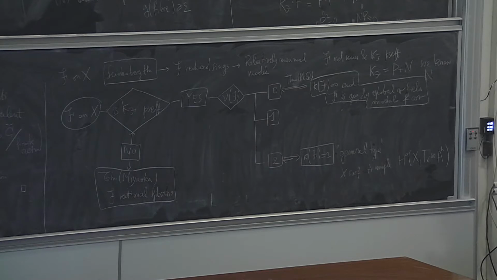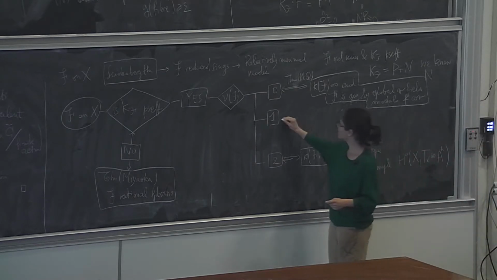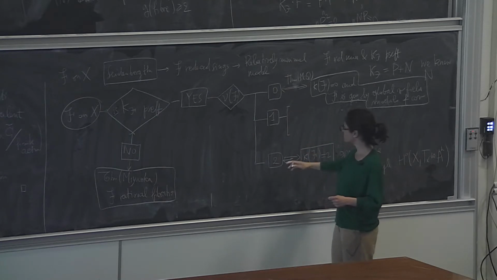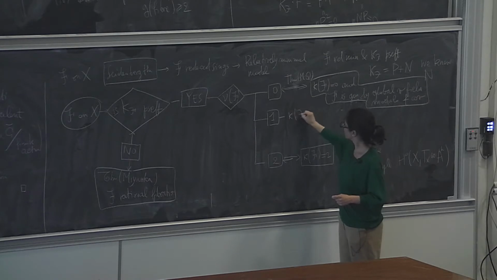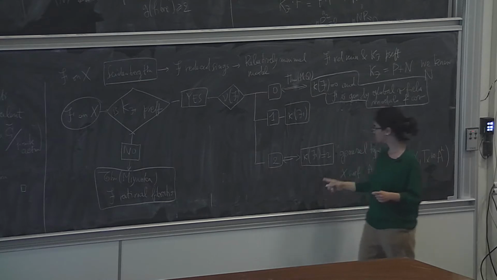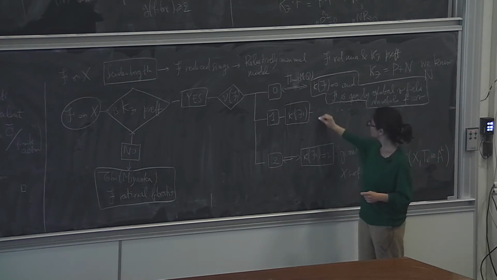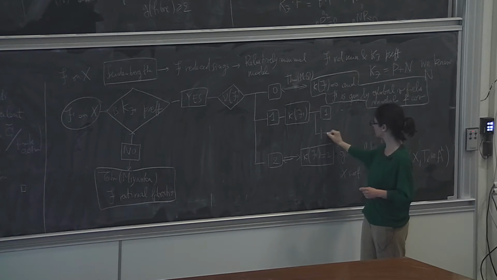OK, so in numerical dimension 1, we have two options. The Kodaira dimension cannot be 0, because then the numerical dimension is 0. It cannot be 2, because then the numerical Kodaira dimension is 2. Then it can be 1 or minus infinity.